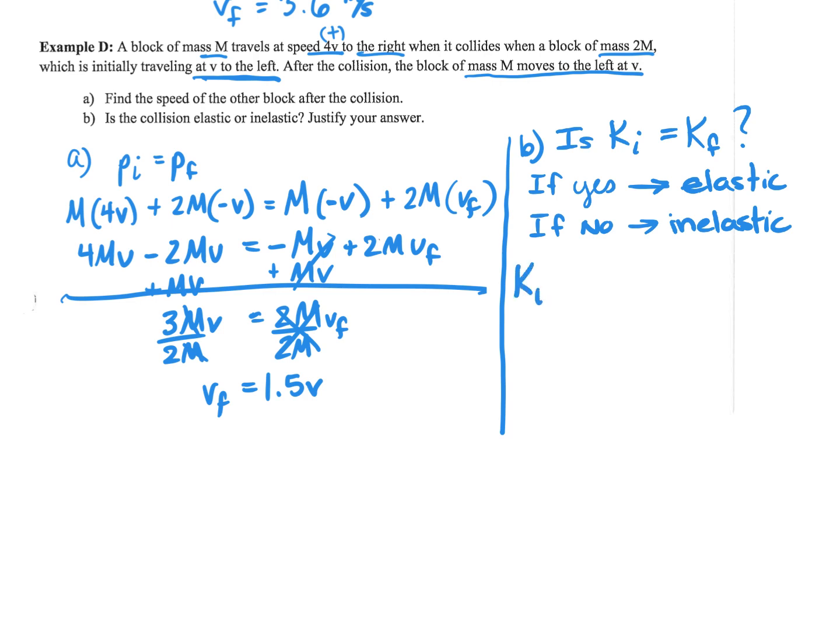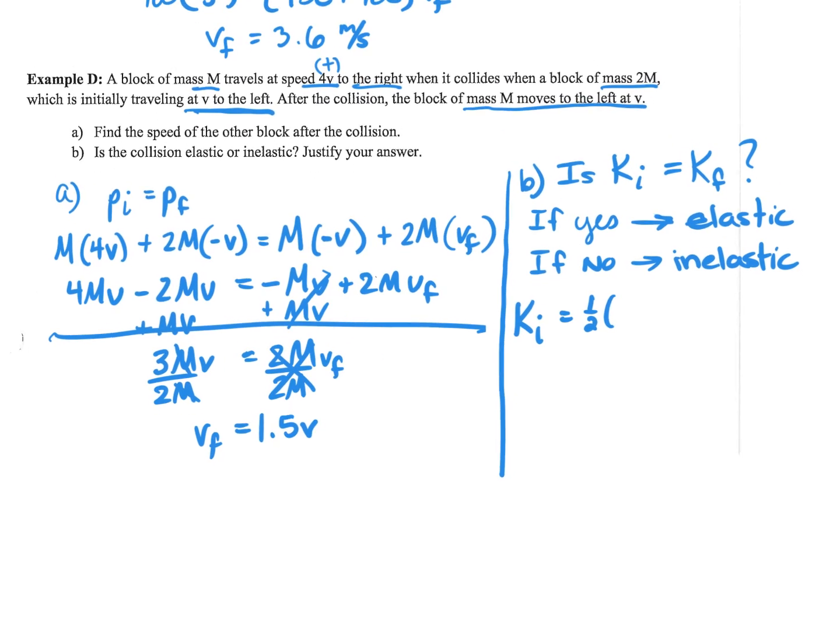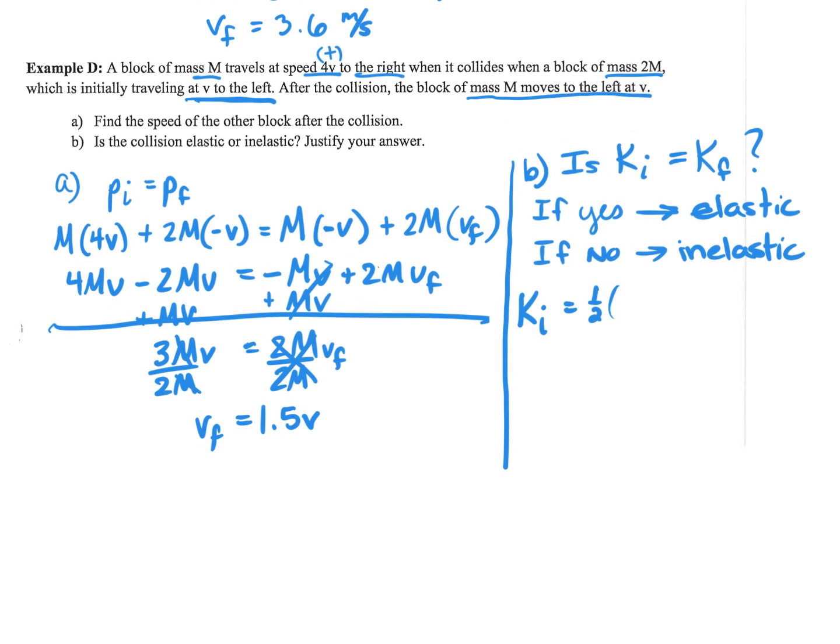What is K initial? Well, we've got two things moving in the beginning, don't we? We've got 1/2 M, hang on, don't want to mess this up. We've got M traveling at what? 4v, right?